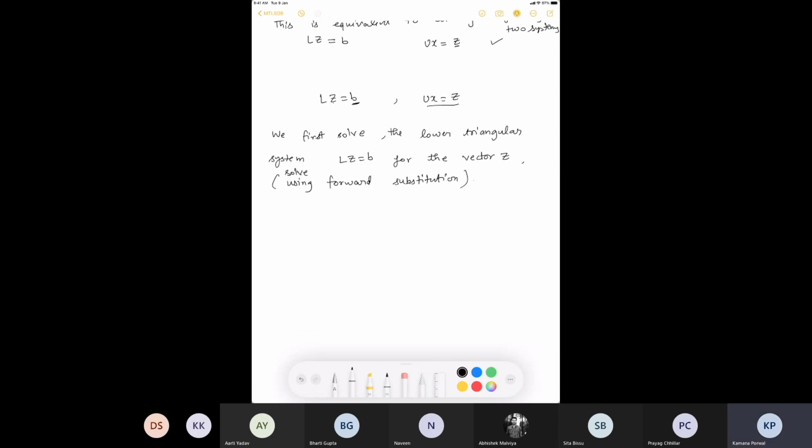Now, once we have obtained z, we can solve this system Ux is equal to z using backward substitution for the vector x. Okay.